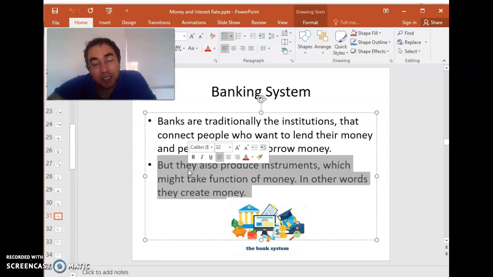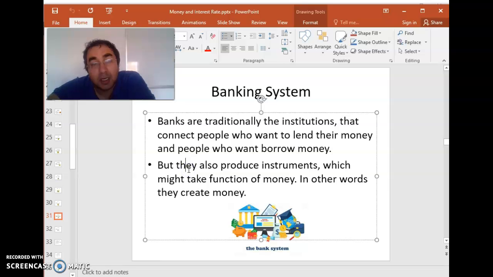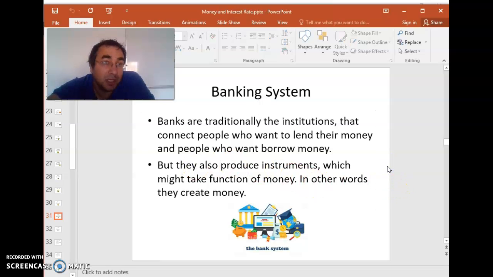This basic function gives banks a special position even today, and in the past also when they were printing their own banknotes. We will see how they do it today, but you can easily apply it also to ancient and medieval times.